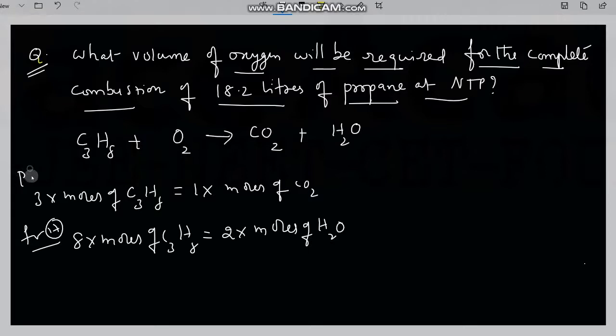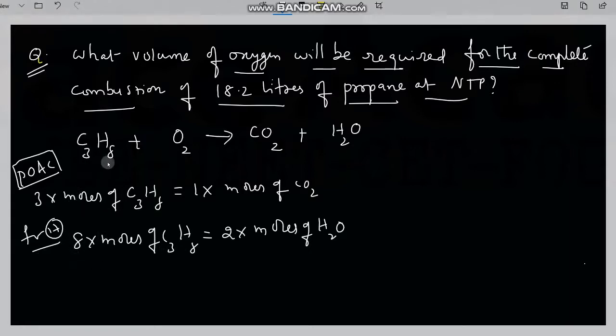This we are doing according to POAC method, the principle of atomic conservation method.